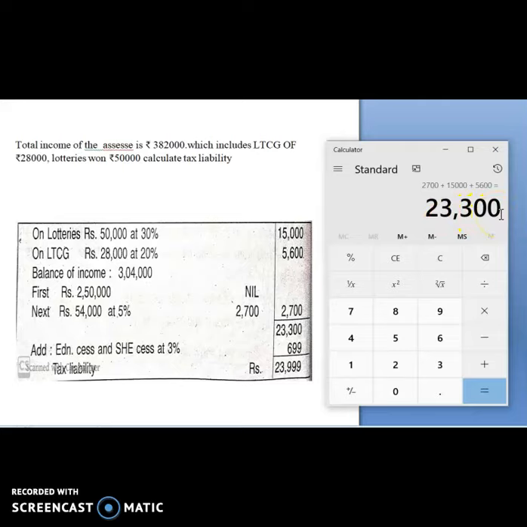On that, we calculate 3% cess, and you will get 699. We do the total, and the final amount is our tax liability, the amount which is payable to the authorities.